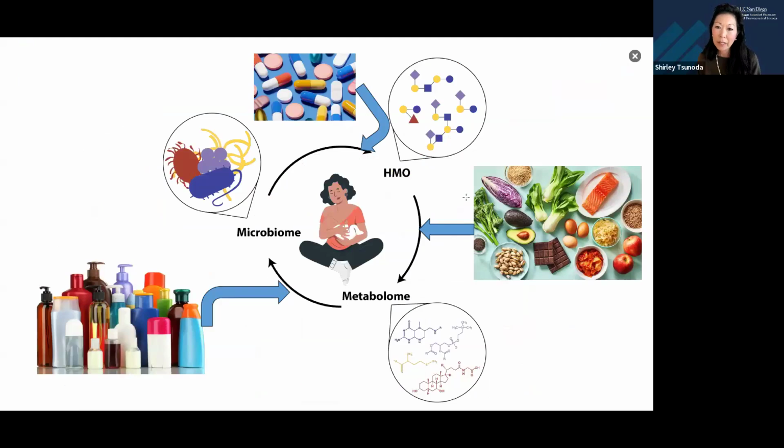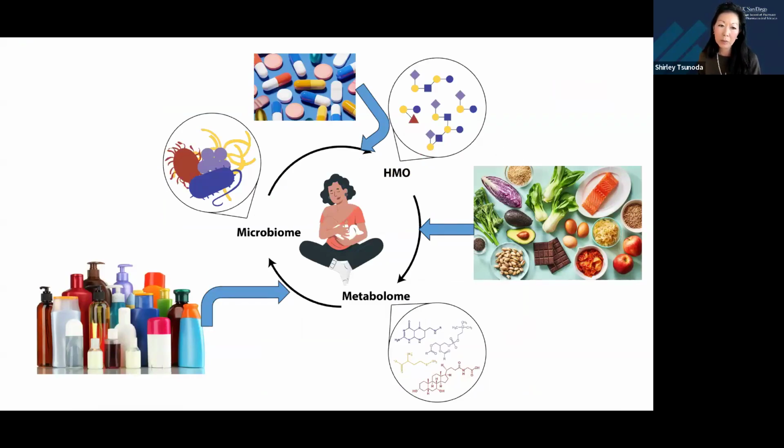At UCSD, we're very interested in the mother-infant dyad, from pregnancy to early life, and the intersection between the microbiome, the metabolome, and human milk oligosaccharides, which are thought to be food for the microbiome.